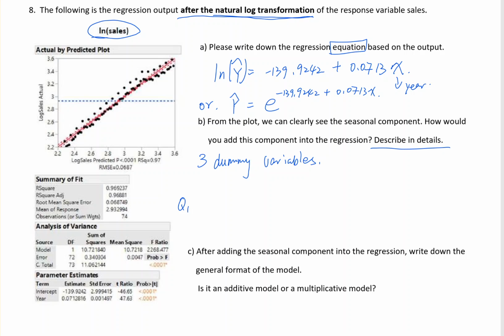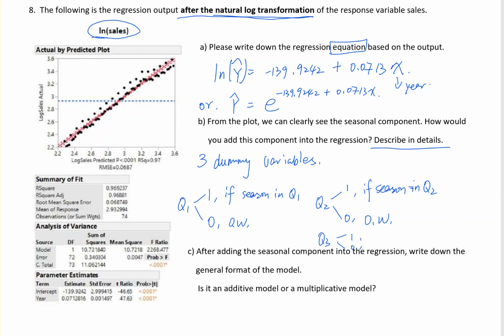So here you need to describe in detail how you set the dummy variables. You need to set Q1 as the variable's name, equal to 1 if the season is in Q1, 0 otherwise, right? The second variable equals 1 if the season is in Q2, 0 otherwise, right? The last one, Q3, equals 1 if the season is in Q3, and 0 otherwise.